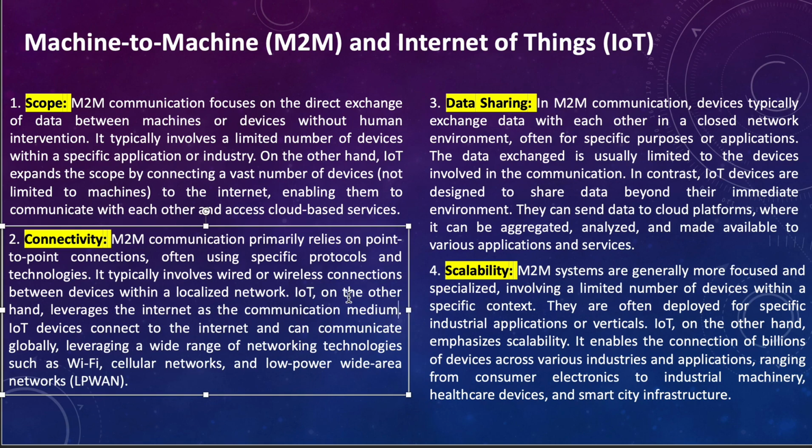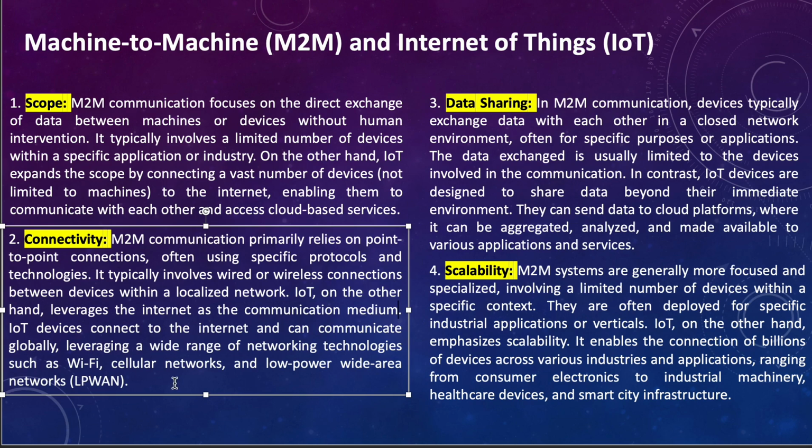IoT, on the other hand, leverages the internet as a communication medium. We talked about the example of the pumping station, where if you want to communicate 100 kilometers, M2M will be using its own wires, which is expanding 100 kilometers, which is a problem of its own. But IoT will be utilizing the internet.